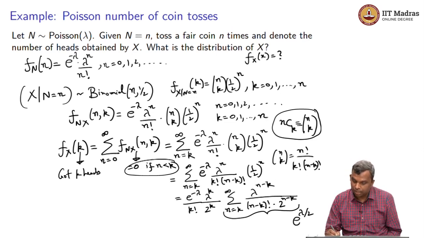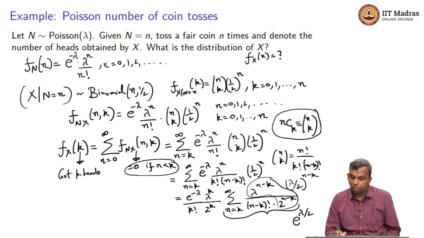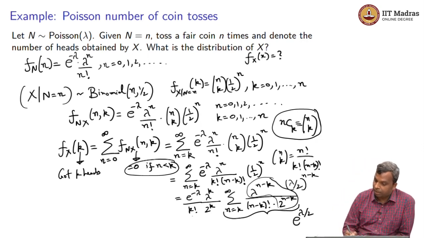You can replace this part with lambda by 2 power n minus k, and you are going from n equals k to infinity lambda by 2 power n minus k by n minus k factorial. That is exactly e power lambda by 2. Once you identify that, you can come back in here. It's e power lambda by 2, you have e power minus lambda plus lambda by 2, that will give you e power minus lambda by 2.